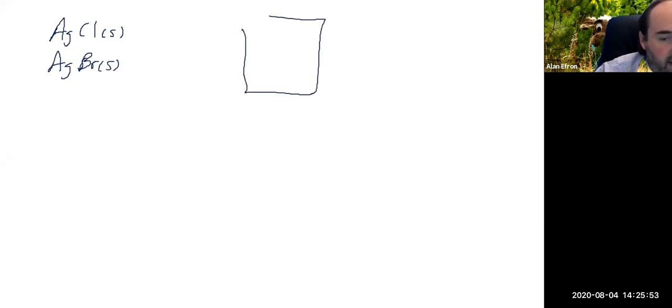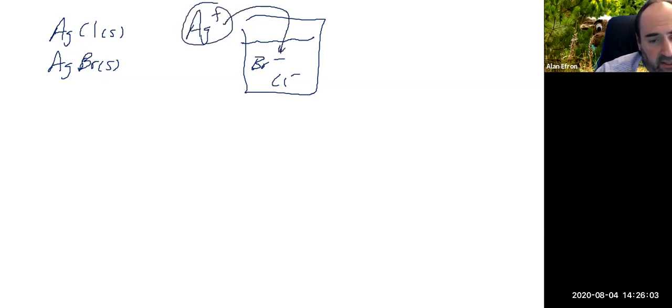So for example, I think that we did have one where it was silver chloride and silver bromide, and an idea where if you had bromide concentration and chlorides flying around in that solution, you could figure out exactly the concentration of silver you would need to add to actually see the silver chloride precipitate out or the silver bromide precipitate out.